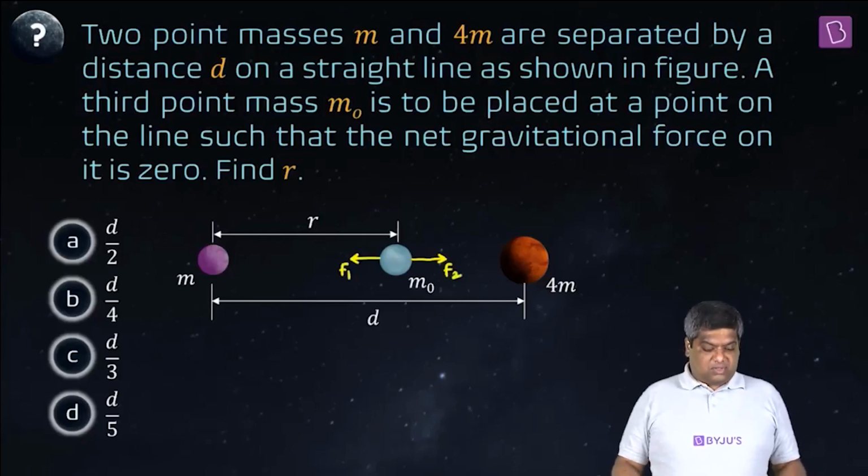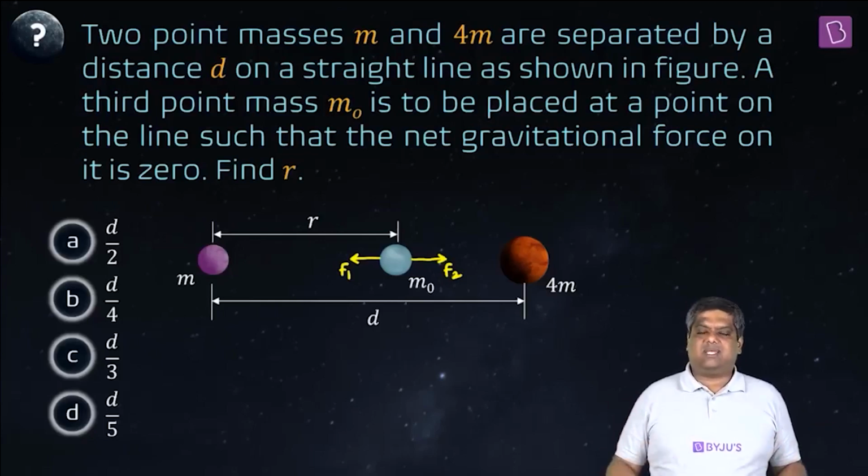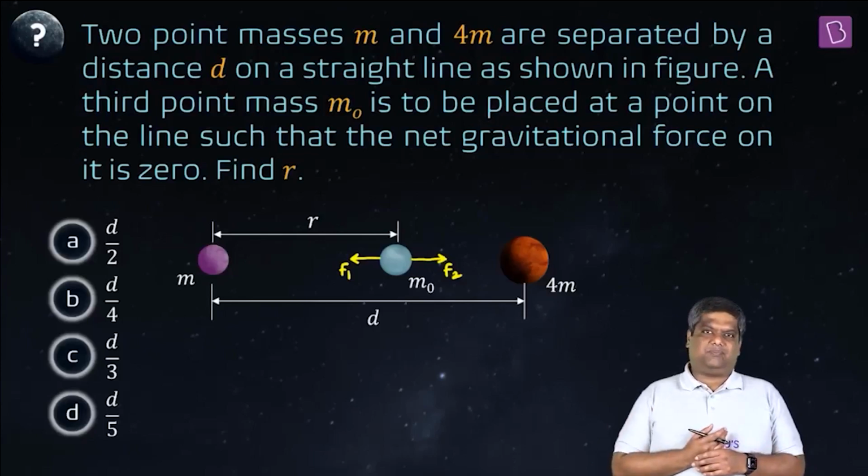So the net force on m0 due to these two masses will be F1 minus F2 or F2 minus F1, whichever sign convention you consider, right as positive, left as negative, or vice versa. But in this problem, we want that net force to be equal to what? 0. So if F1 minus F2 is 0, then F1 is equal to F2, right?